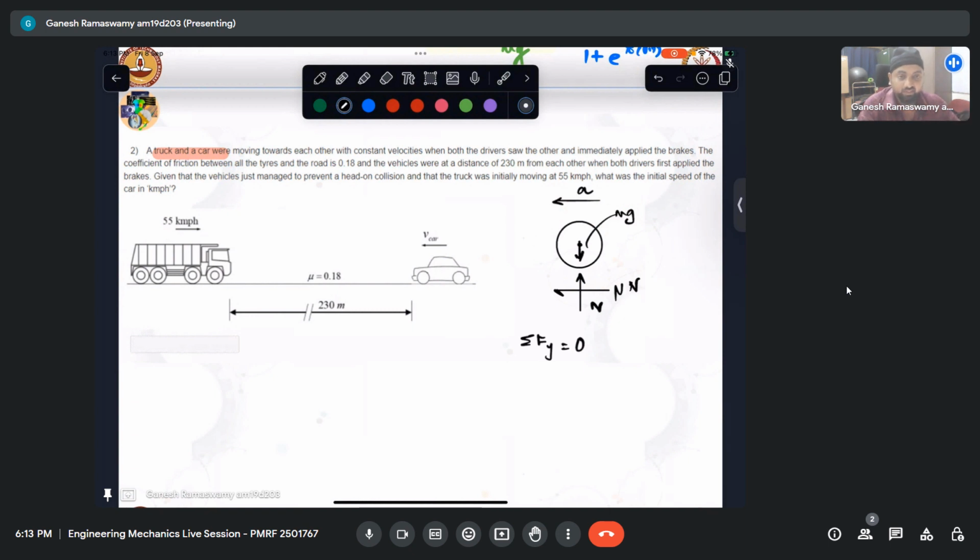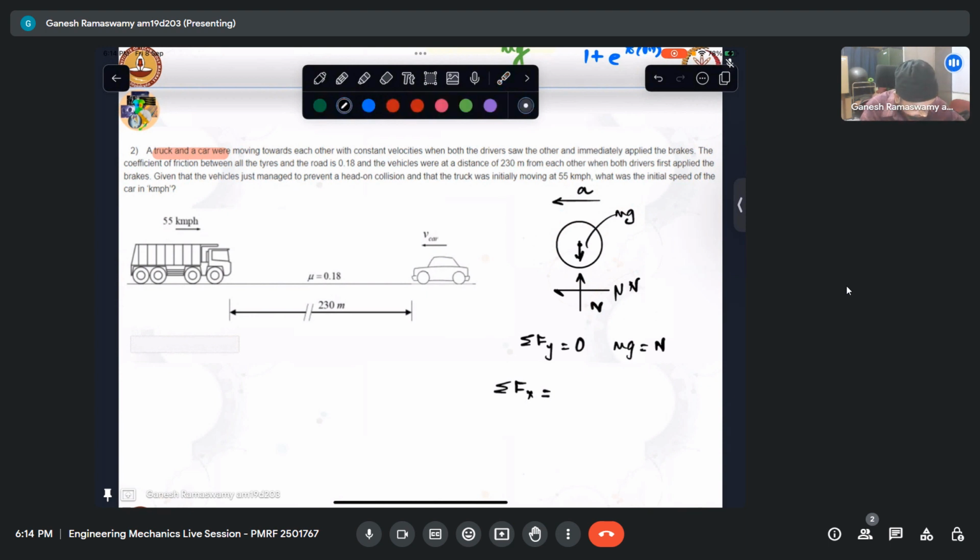The tire is not going through the floor. So this is still holding. So this gives me mg equal to N. Now sigma Fx, if I see, this is not equal to 0, but if this is of mass m, so ma will be my acceleration that is acting in this direction. So I can see that only one force is acting in that direction.